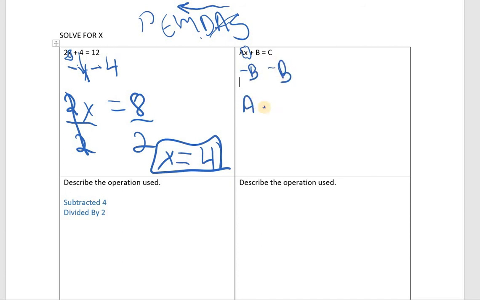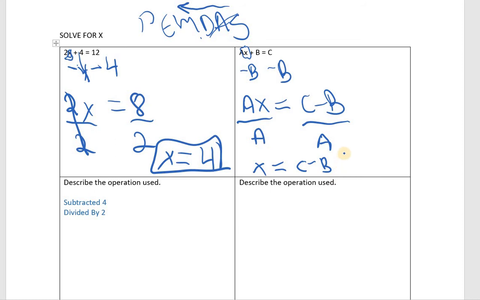So you get AX equals C minus B. And then whatever's next to it means we're going to divide by it. And so x in this problem is equal to C minus B, the whole thing divided by A.